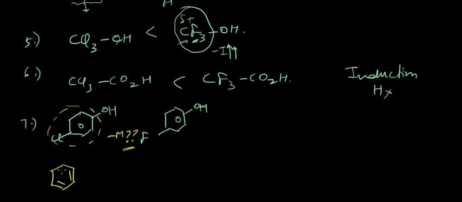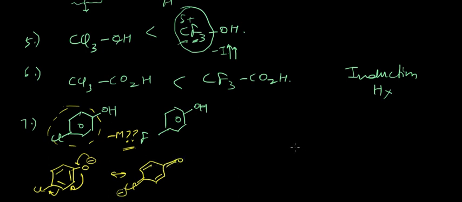we have something like this, minus and Cl. So in this case, d orbital resonance can take place, hence it is a minus M. This group is a minus M, hence it will increase the acidic strength.